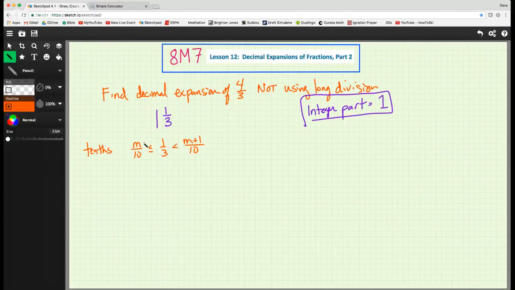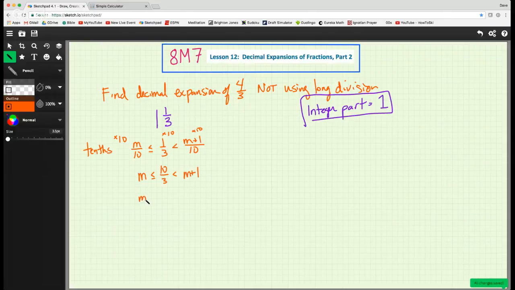What two tenths digits are on either side of 1/3? Let's multiply everything by 10, because we're trying to simplify this m portion. We want to get just m by itself. So multiplying through by 10, we get m is less than or equal to 10 over 3, is less than or equal to m plus 1.